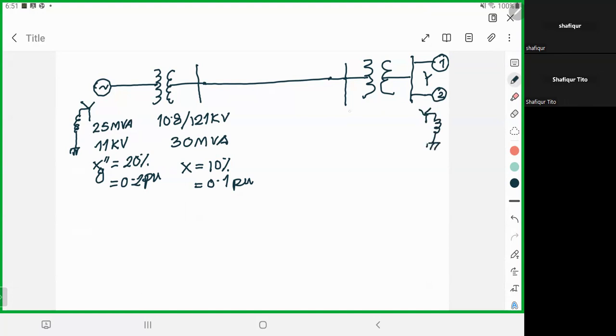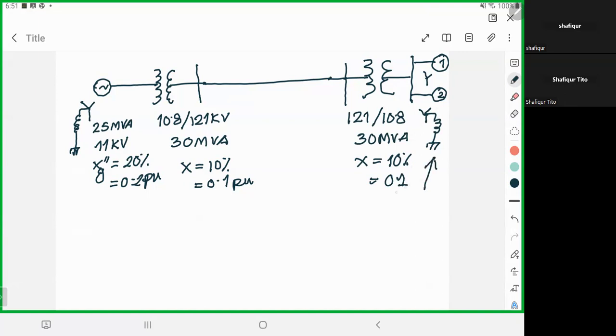The specification here is 121 by 10.8, the same 30 MVA, and X is also the same, equal to 10%, that is 0.1.